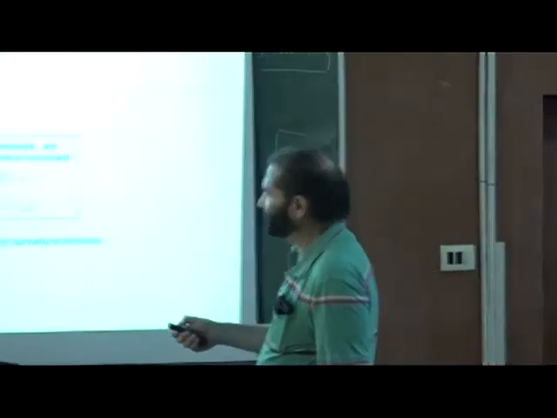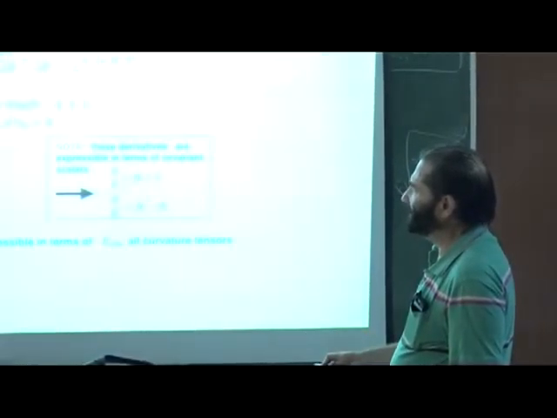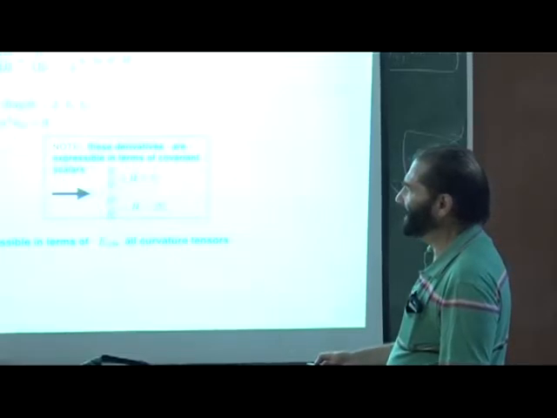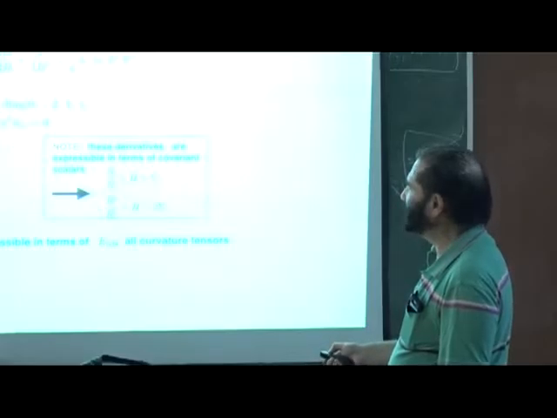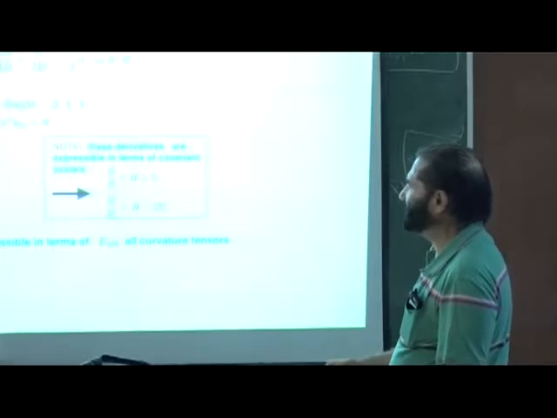Okay? So, the curvature tensors, we can compute these quantities now. R is the Ricci scalar. And the Weyl tensor is expressible in terms of the electric Weyl tensor. Therefore, all curvature scalars are expressible in terms of the density and the scalar psi2.